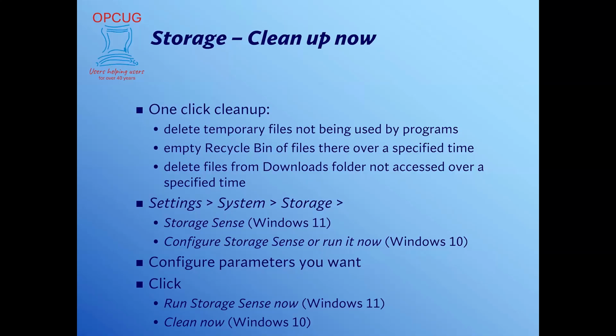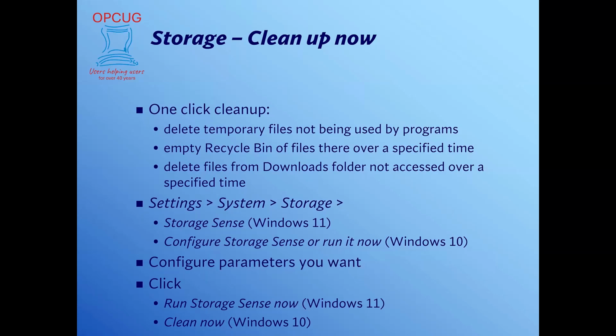You can go into Settings, System, Storage, Storage Sense, and then you can configure Storage Sense and run it now. You can also configure it so that it runs by itself in the future. You can choose when disk space runs low or on a set period, like once a week, once a month, things like that.